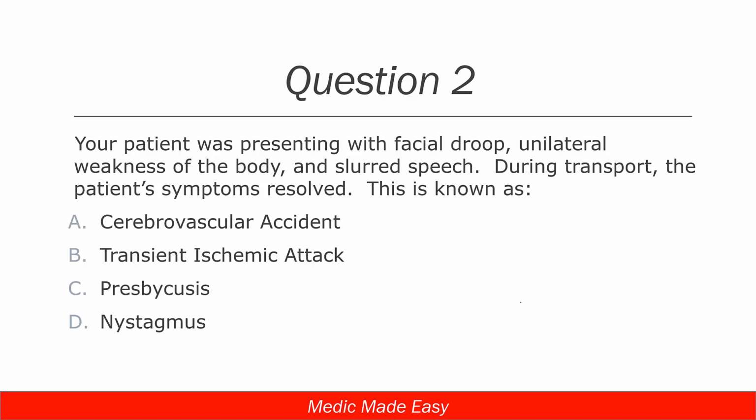See, based off of background knowledge, wherever you're at in programs, if you remember, it looks completely like a stroke, but the symptoms went away. And that's the key aspect of this one. Right? During transport, the symptoms went away. They resolved.